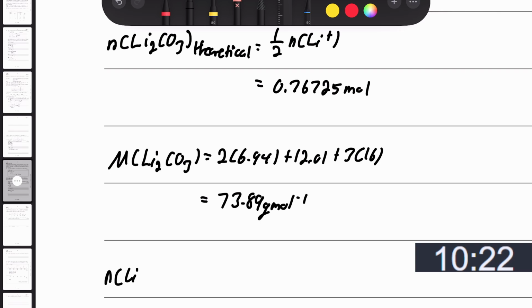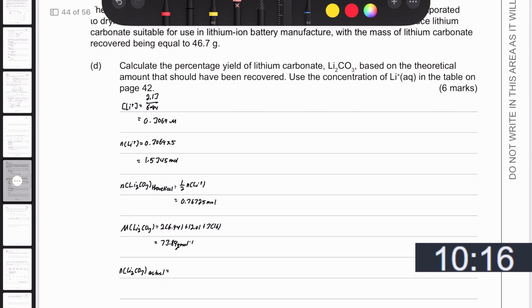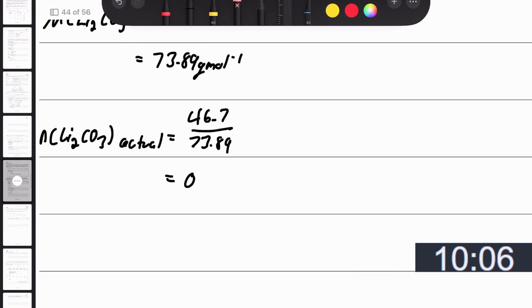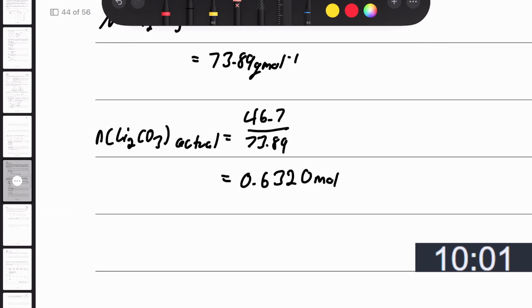Number of Li2CO3 actual is equal to 46.7 all over 73.89, which is 0.6320 moles.